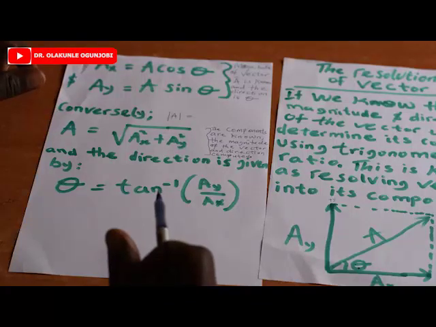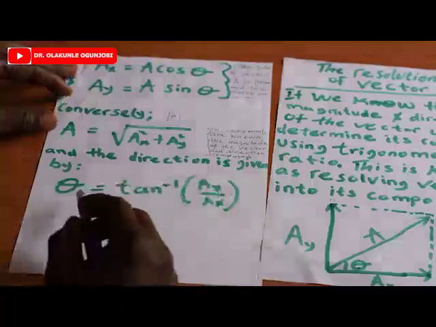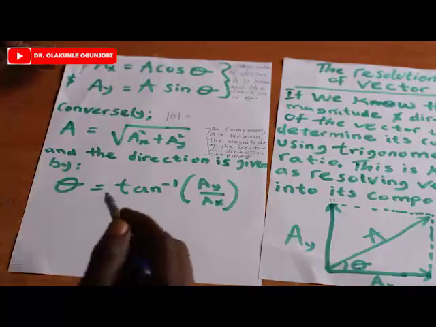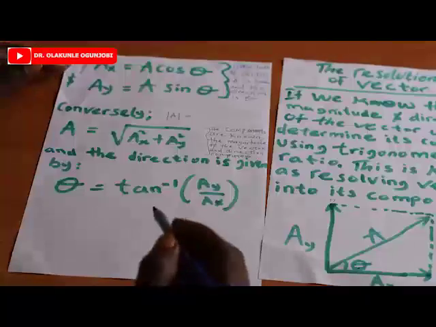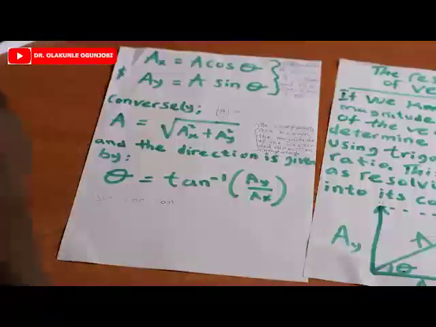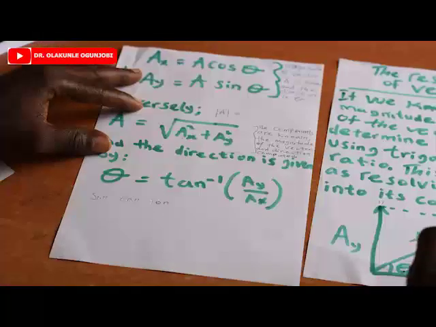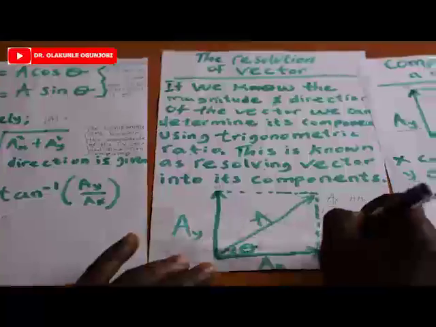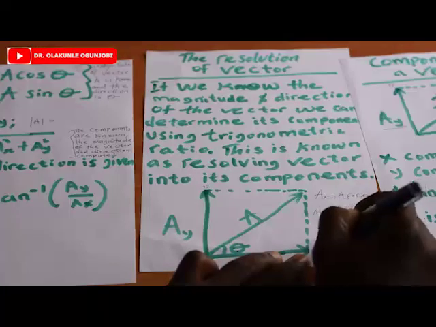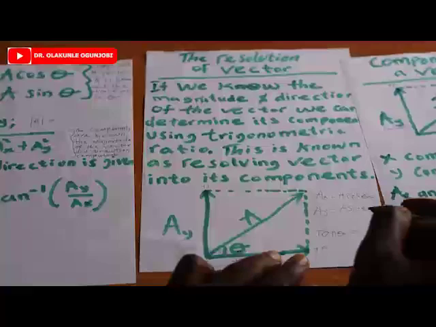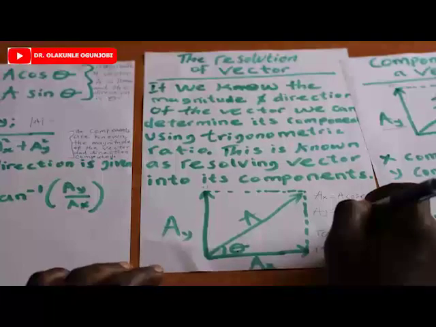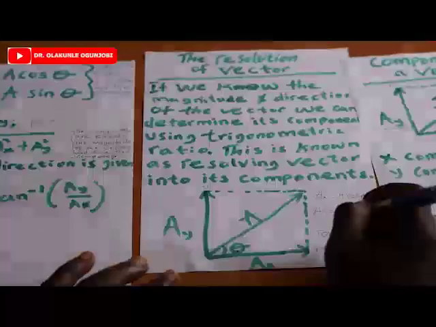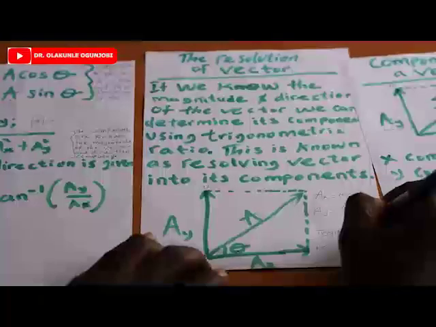In this case, the direction is given by theta. So when you take the inverse, you remember your SOHCAHTOA. Tan theta equals opposite over adjacent.